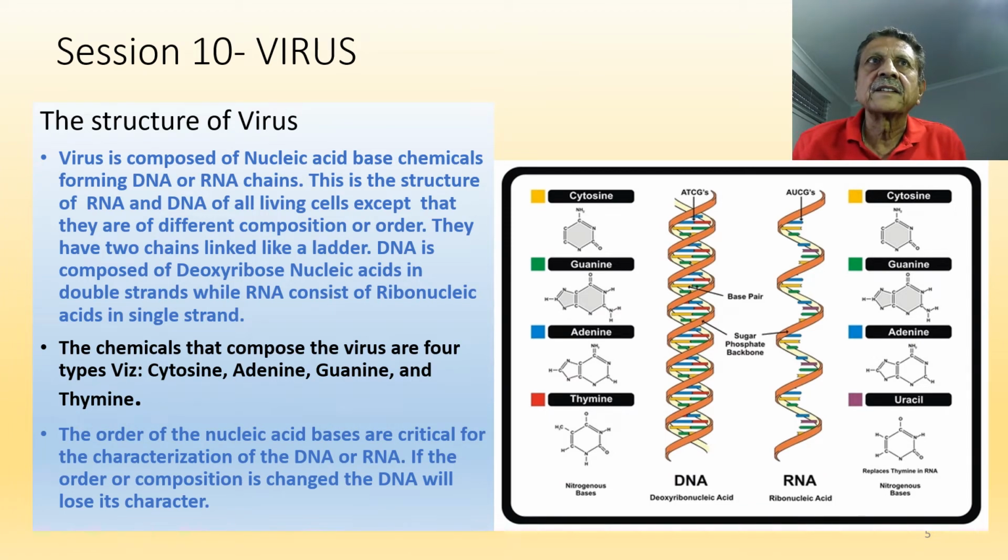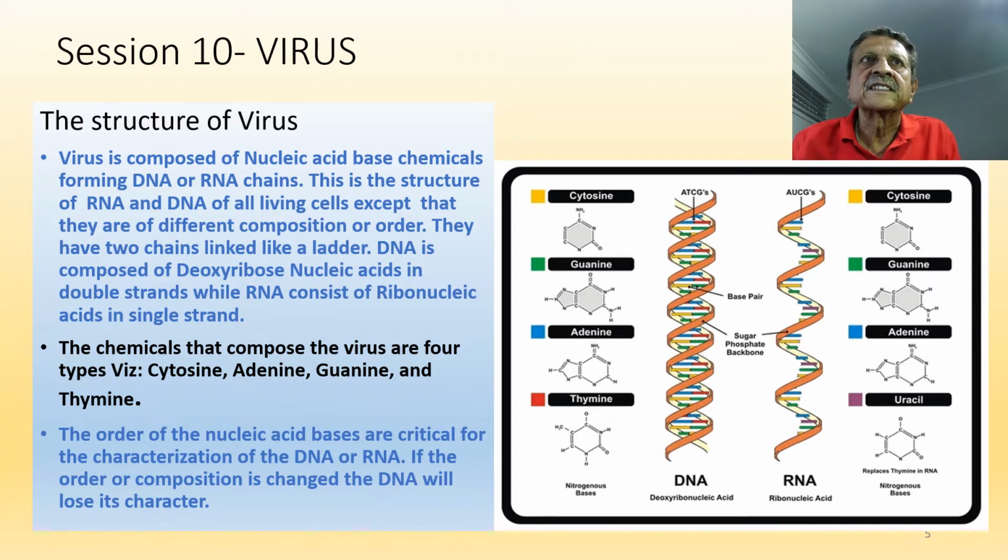This slide shows the structure of the virus, and the picture will also show the structure of a DNA and RNA. DNAs and RNAs are found in all animal and plant cells, and they are very vital in the metabolism and survival of the plant and animal cell.